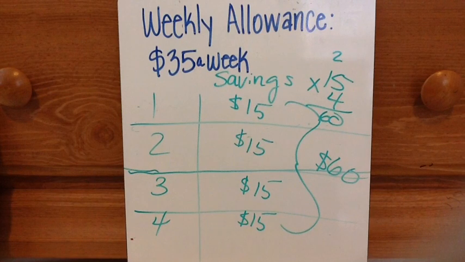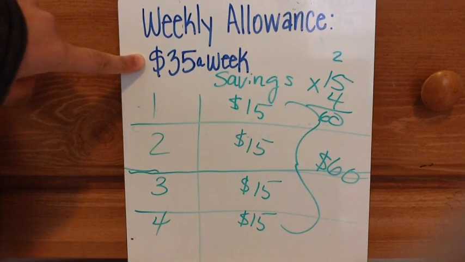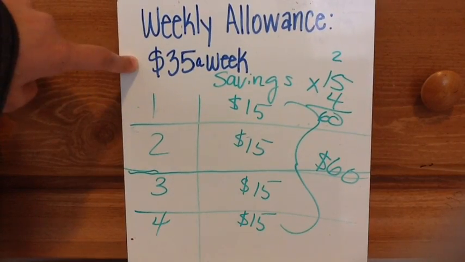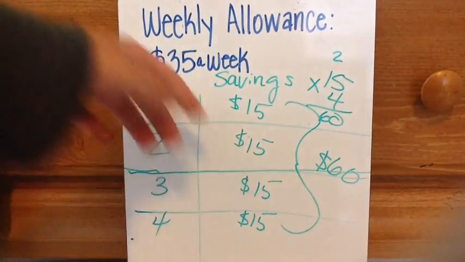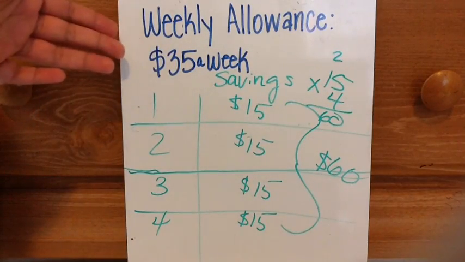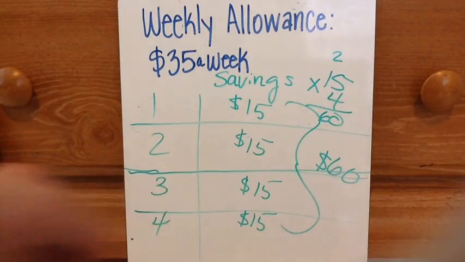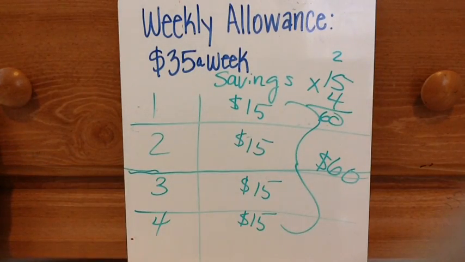So with that savings, then, you can go buy something that costs that much money. Because obviously if you get $35 for the week, you'd have to save up quite some time to be able to buy that. And if you wanted other things, then there's no way you could accomplish that. So you can put away that money and get what you want at a later time.